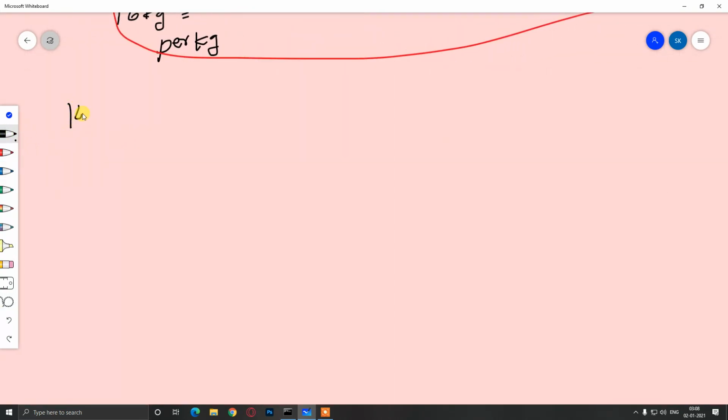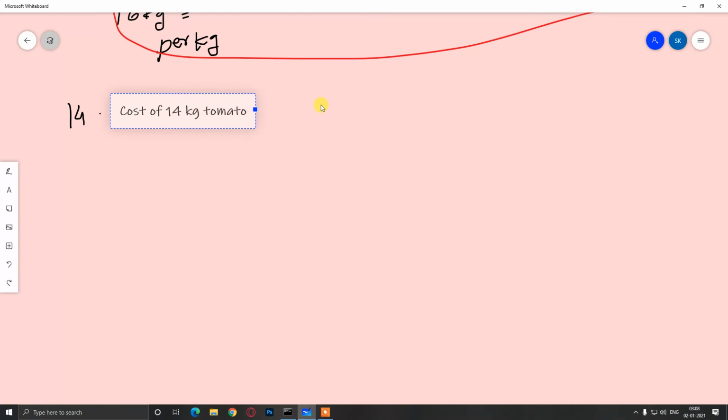Now question number 14. In question number 14, the cost of 14 kg tomatoes is given. So the cost of 14 kg tomato is rupees 231.00.